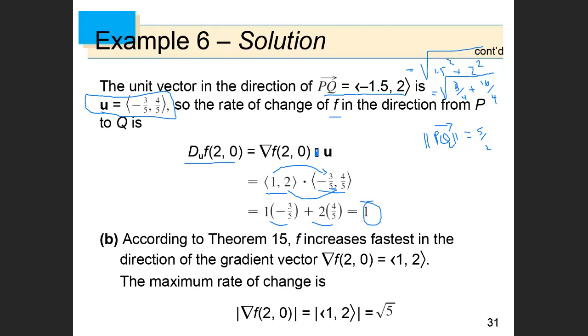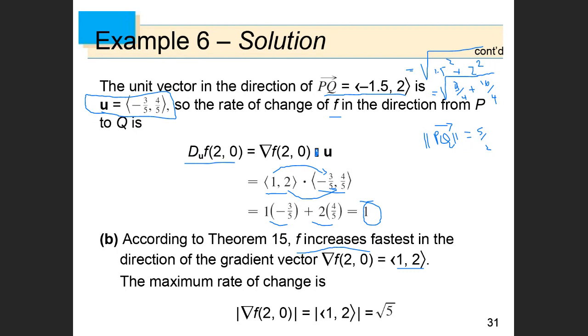So according to the previous theorem, what does it say? It says that f increases the fastest in the direction given by the gradient vector at (2, 0), which is (1, 2).